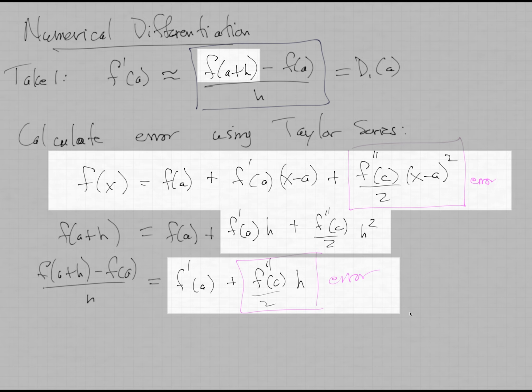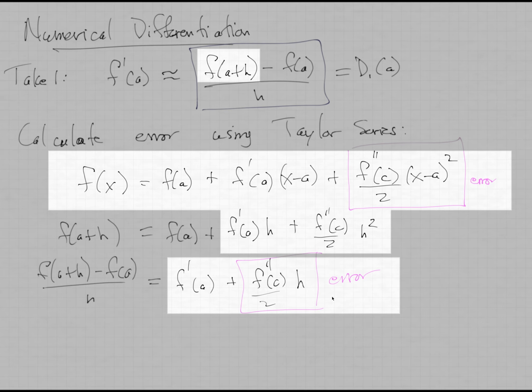And the other term is the error term, right? That's the amount by which this expression differs from the value we want. So the error is f double prime of c divided by 2 times h. And again, we don't know what c is, but you can get a good bound on the error this way by considering what the worst case scenario is for c.